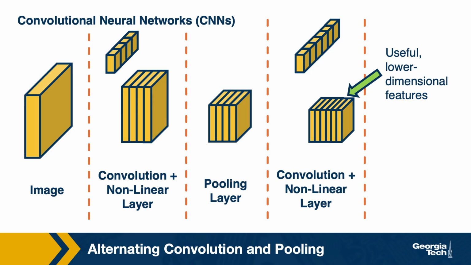And then we'll apply another convolution layer, again with some nonlinearity after that. And at the end of this, we'll have a set of much smaller features. They're still spatially relevant, and they're not converted into vectors as they are in fully connected layers. But they're useful, much lower dimensional features that if we optimize to reduce some loss, will hopefully represent more abstract features the deeper we go in this neural network.